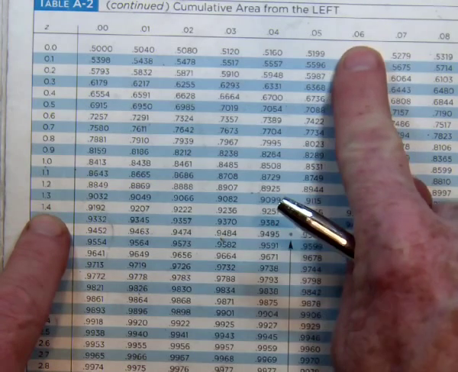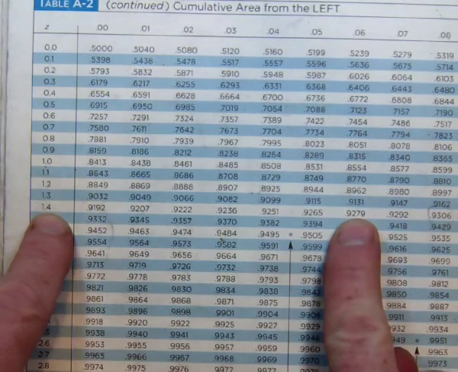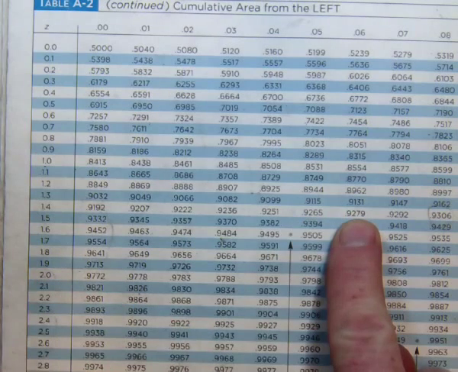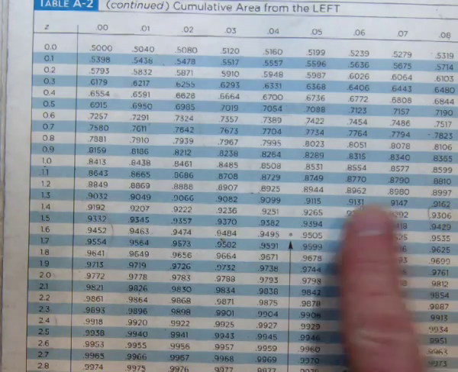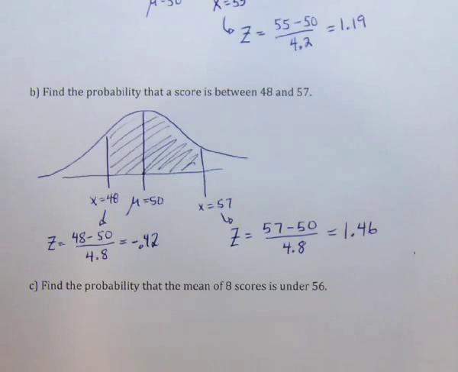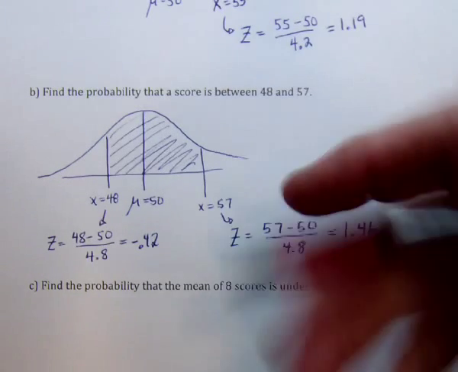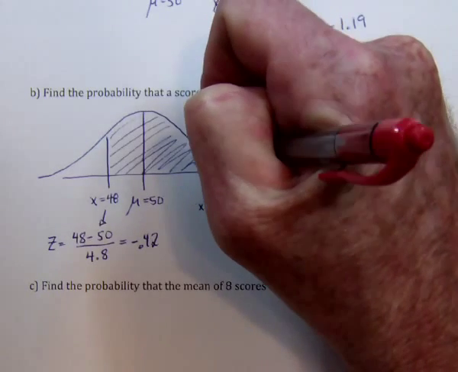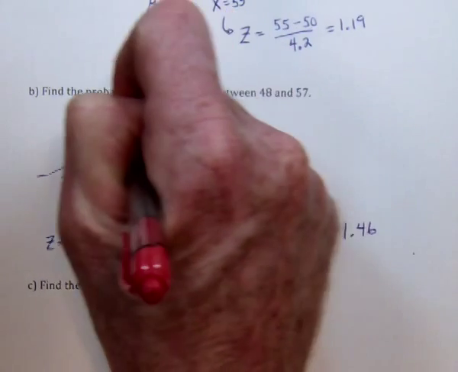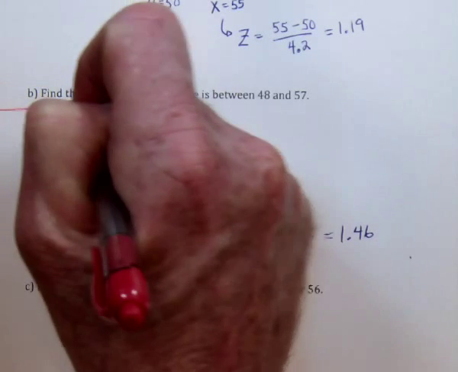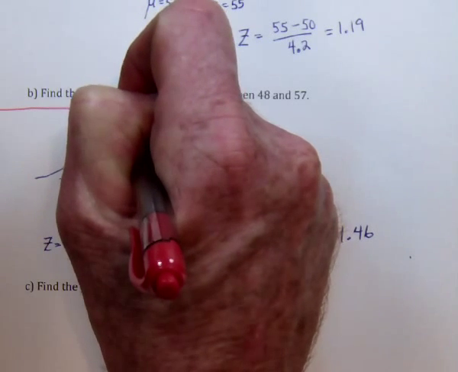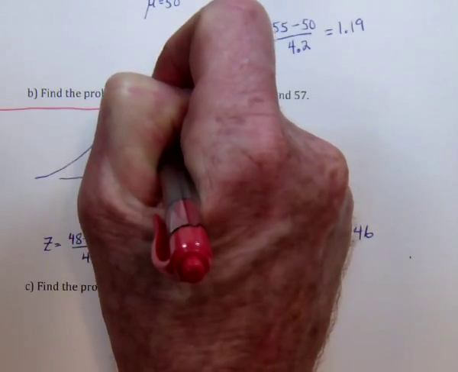If you go down this column and across this row, they meet right here at 92.79. But what that means is, if you went from this line all the way to the left forever, then that's going to be 0.9279.